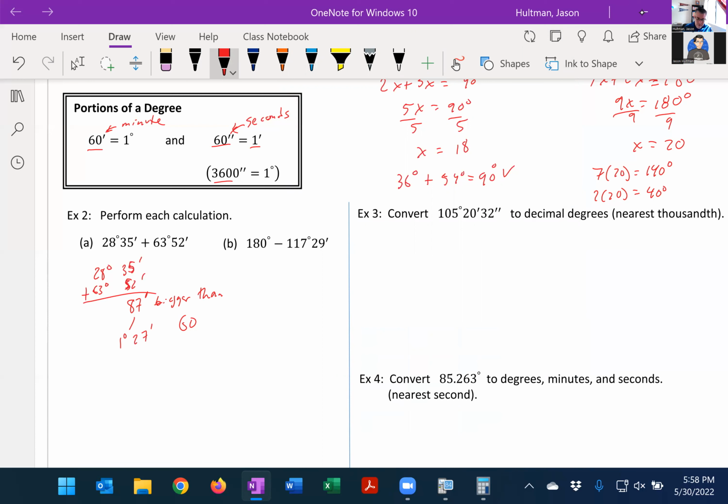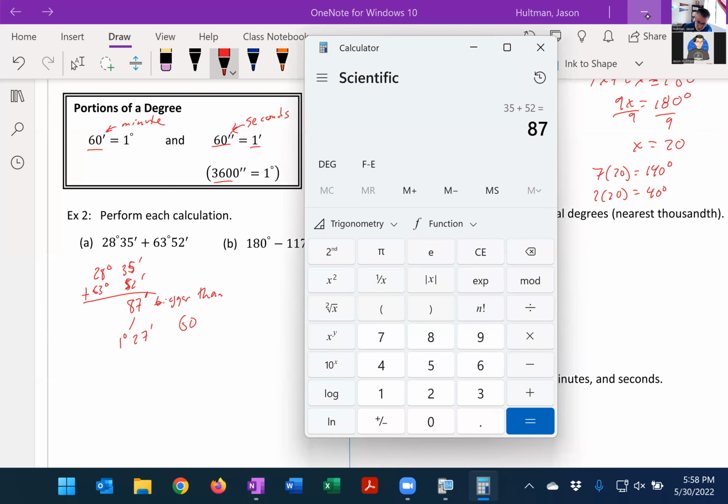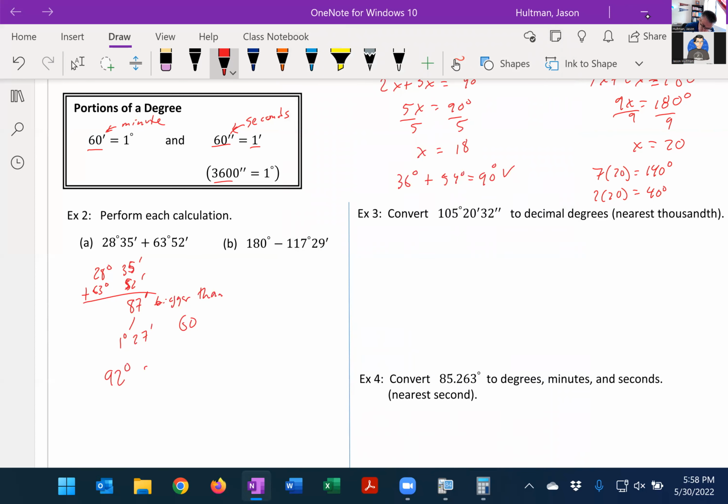We kind of have to carry that 1 degree over into the degrees column. If I add 28 plus 63, plus that 1 that I got from before, I get 92. So this is 92 degrees and 27 minutes.